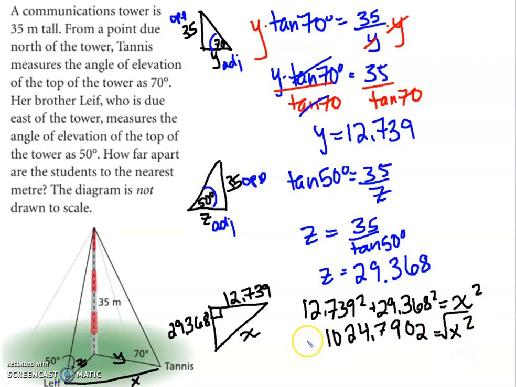Now I'm going to do the square root of both sides to get approximately 32.01, but it does say to the nearest meter, so I'm just going to write 32 meters. That's how far Tanis and Leaf are apart.